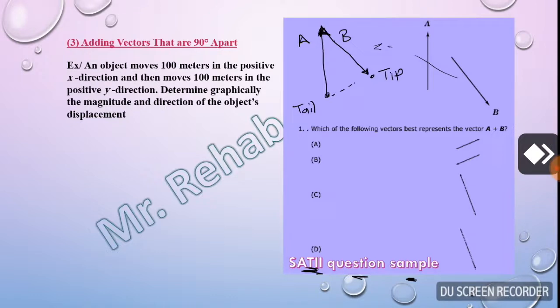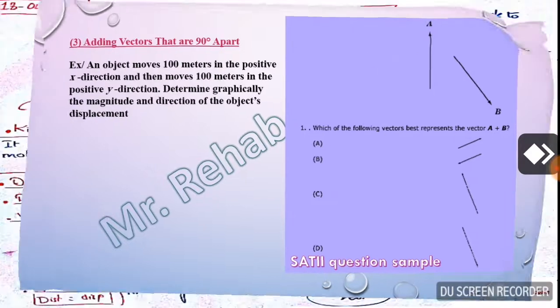So we will connect them to get the resultant A plus B. So which one represents this? I think it's clear. A is the one that represents this.